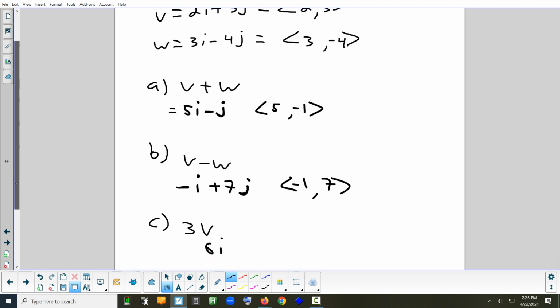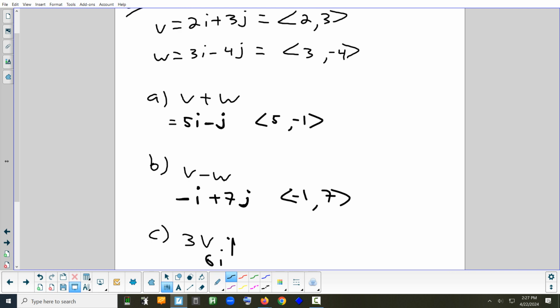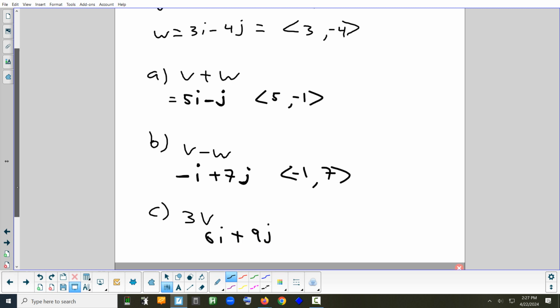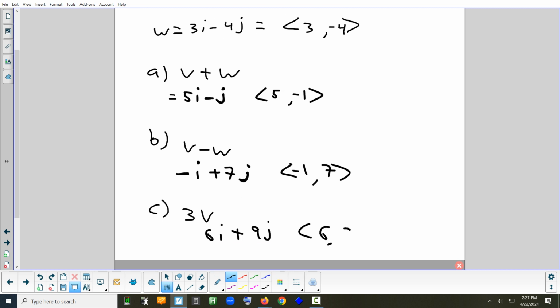So 6i plus 9j, or the other notation, 6, comma 9. You don't have to write each answer in both ways. I'm just showing you. Whichever one the book asked for, just go with it.